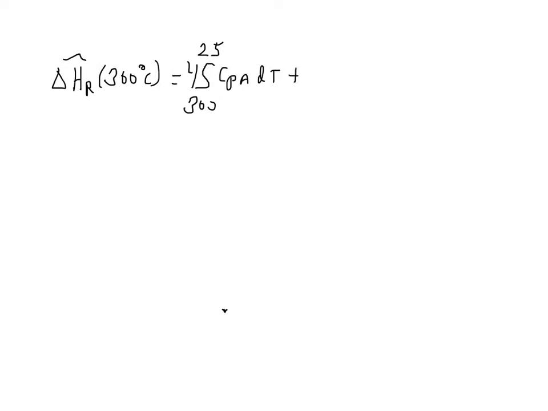So the heat of reaction at 300 degrees C is equal to the enthalpy of the reactants going from 300 to 25 degrees C. That will be 4 molecules of ammonia, so 4 times the integral of CpA dT, plus 5, because there's 5 oxygens, going from 300 to 25, of CpB, the oxygen, dT.